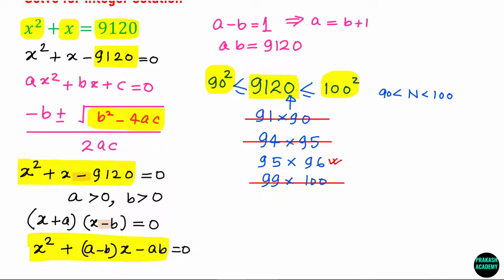Only this pair satisfies this criteria. So this means 95 and 96 are the solution, and A is greater than B. This means I can say B is equal to 95 and A is equal to 96 is the solution of this equation.